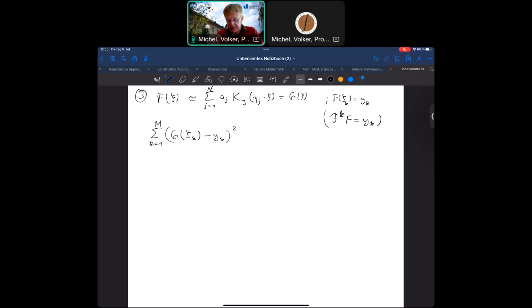But usually that's again unstable depending on the problem that you're looking at. So you can regularize it with the Tikhonov-Phillips regularization by adding a term lambda times some norm of g. I will not talk about what the norm would be. It's a norm of the function g. So the task would be to minimize that.